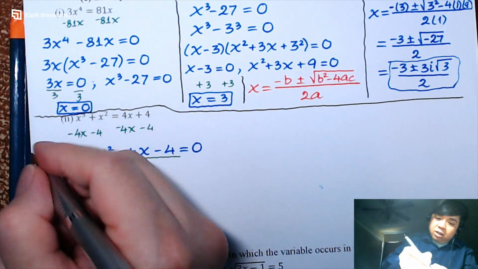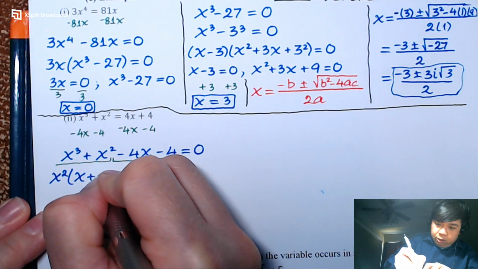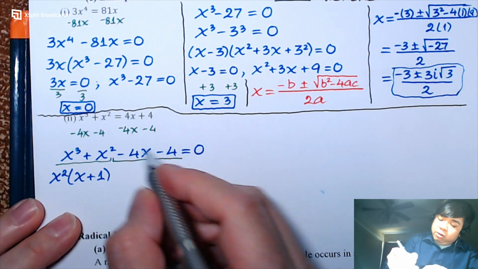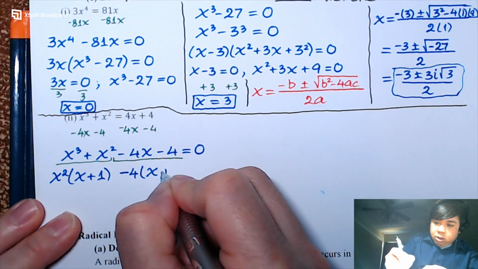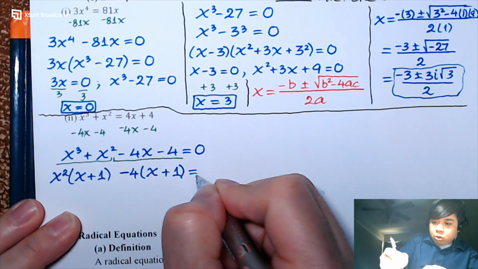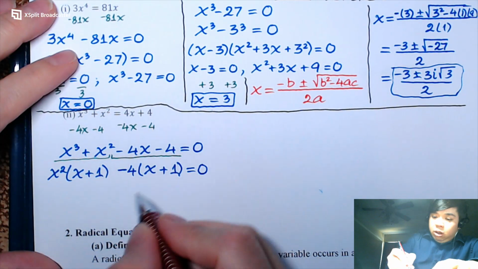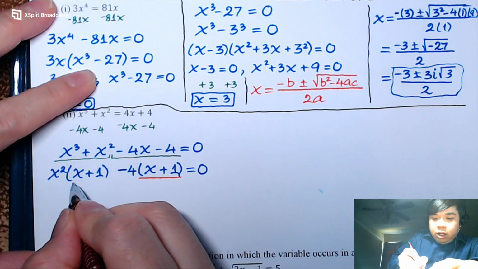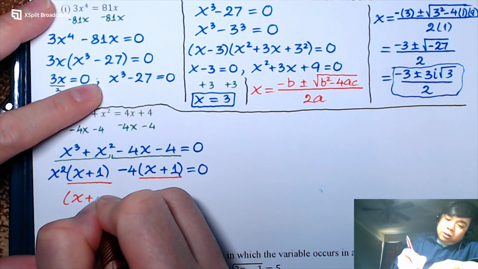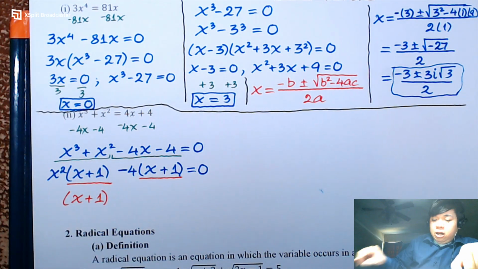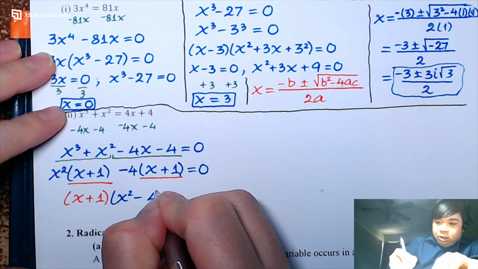So that's how we factor it. And now we can factor out the negative 4. We have x plus 1 equal to 0. And the x plus 1 and x plus 1 is common. We can factor out x plus 1, and we have x squared minus 4 equal to 0.